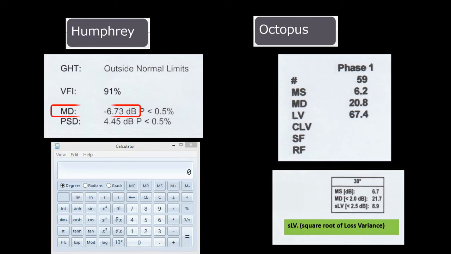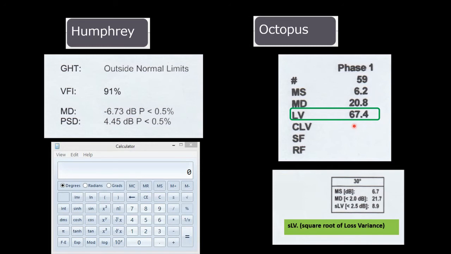So in this example, this is the mean. This is severe depression. This is standard deviation, pattern standard deviation. This is loss variance.